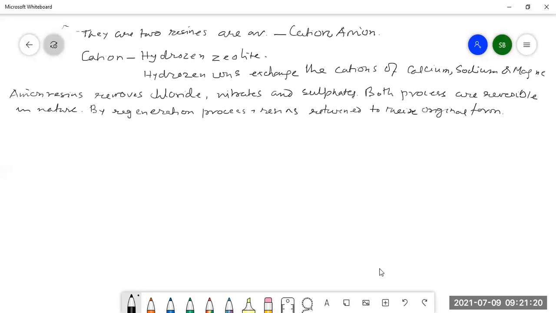Now, a demineralization plant consists of the cation exchanger and anion exchanger.